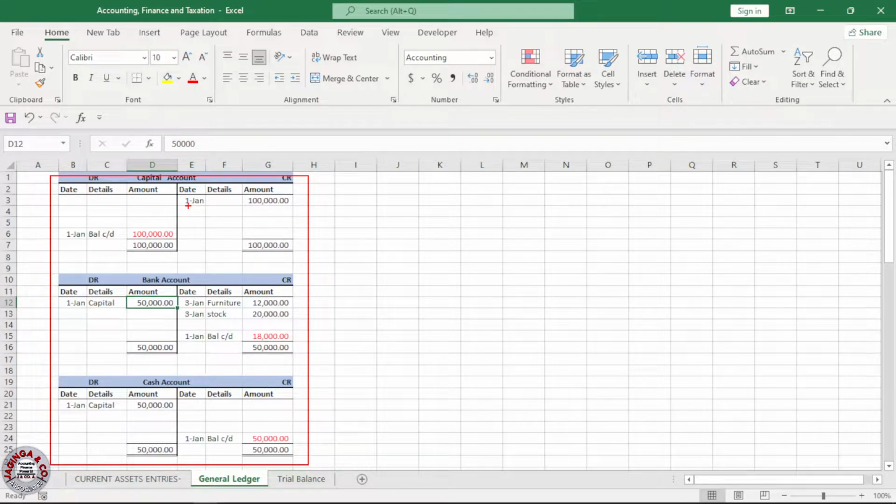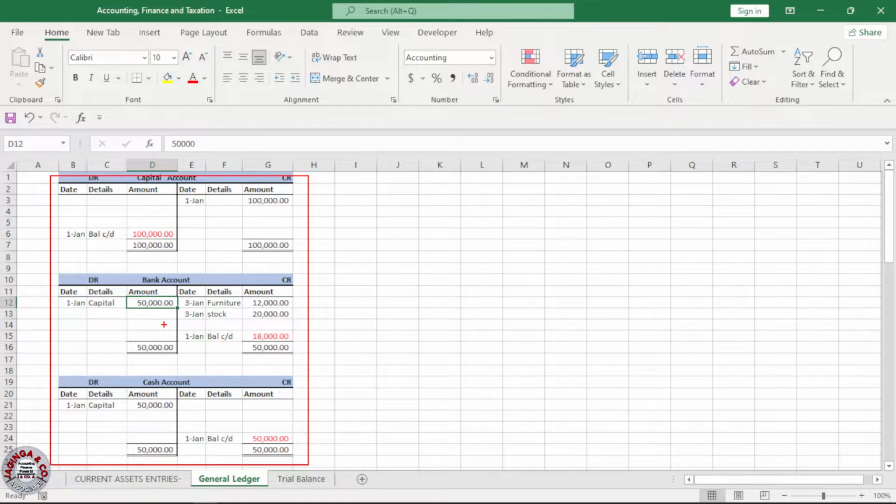So the capital account here will be credited. The credit side of the capital account has been affected, and then in an equal and opposite direction, this amount has been transferred to the bank account and cash account. So the two accounts will be debited.